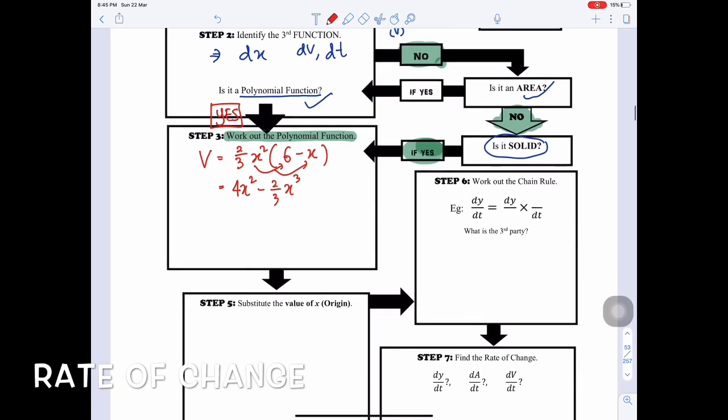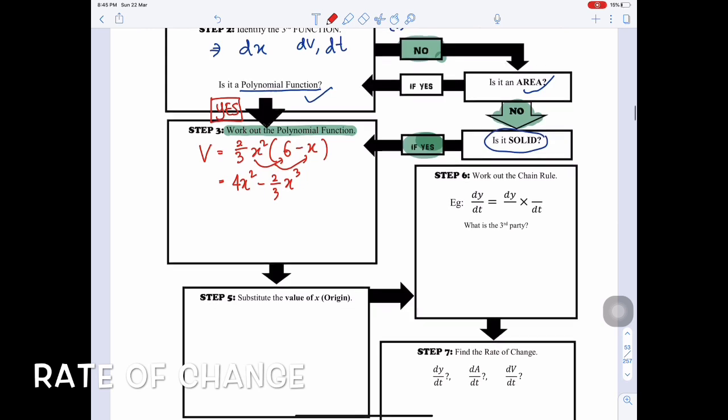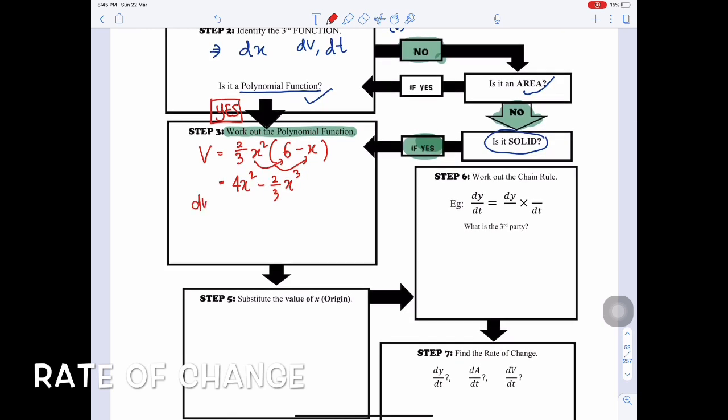Then differentiate with respect to x, so it equals 8x minus 3 times 2 over 3 x to the power of 2. You bring in front the 3, simplify, then minus 1, so you get 8x minus 2x squared.